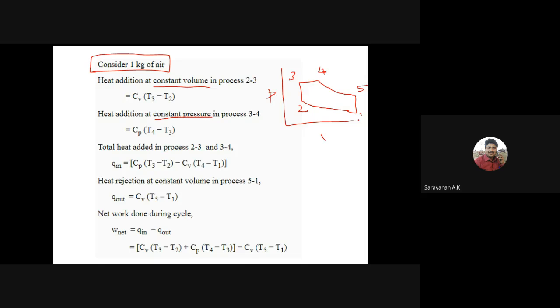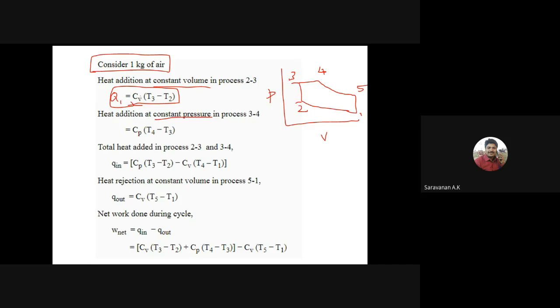It is the constant volume process, so the heat is m c_v times the temperature difference, T3 minus T2. It is the heat addition, that is Q1.